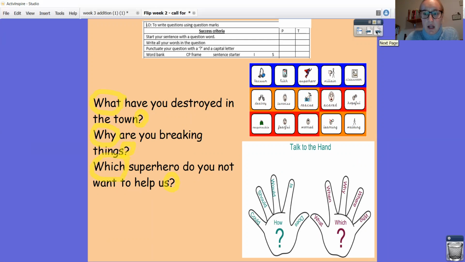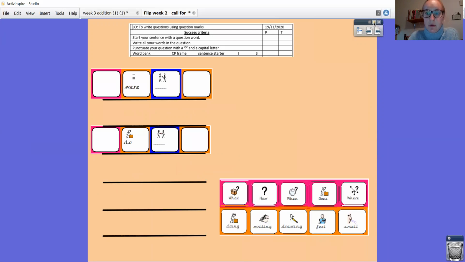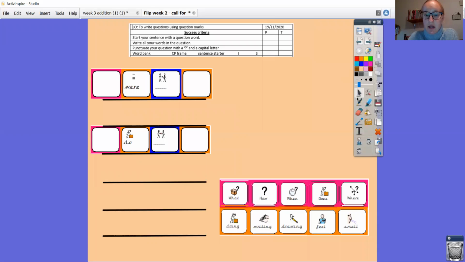If you want a bit more help with this, and this isn't enough to help you with your writing, I have got some communicating print here that you can use. For this question, I'm going to use the question word what at the start. Now it says, what were you, and looking down here at my verbs, I'm going to choose the word doing.